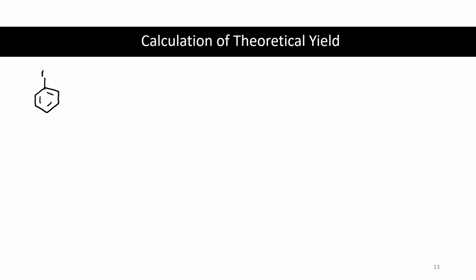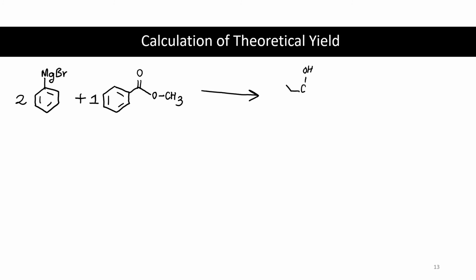Let's take a reaction from the Grignard reaction lab, where two phenylmagnesium bromides reacted with one methyl benzoate to give one triphenyl methanol. So the molar ratio is 2 to 1 to 1.